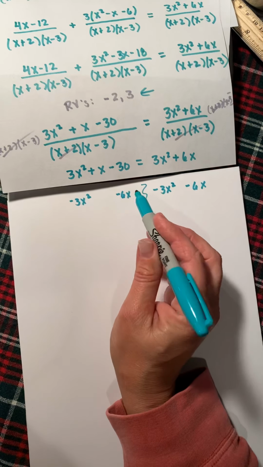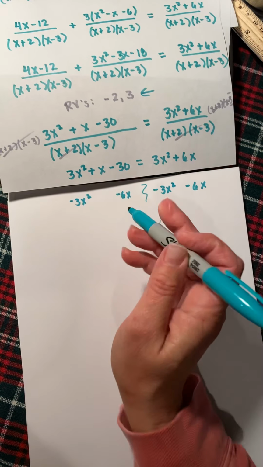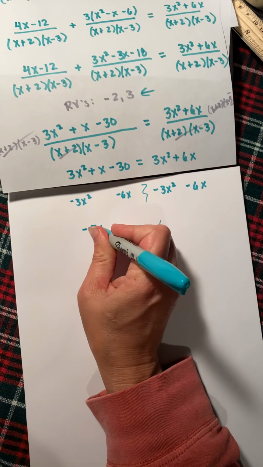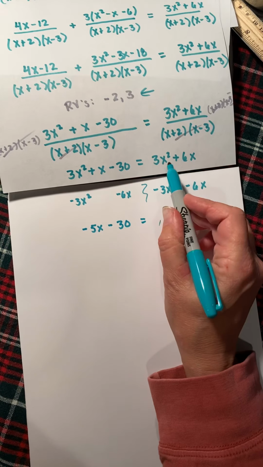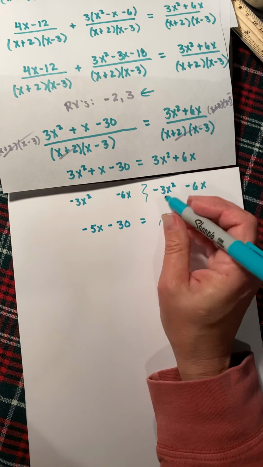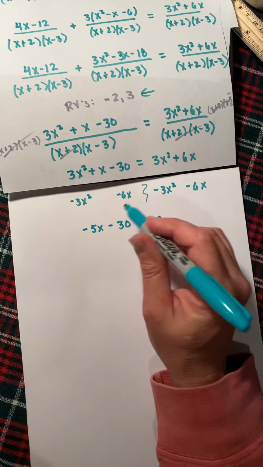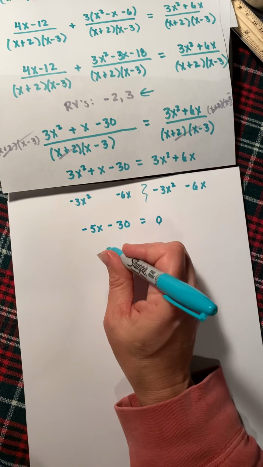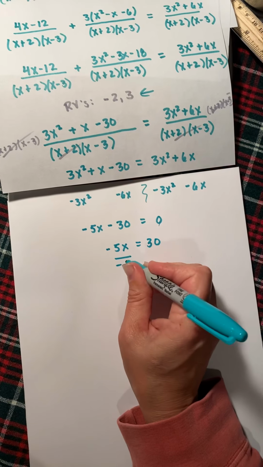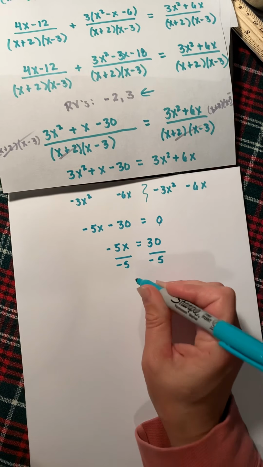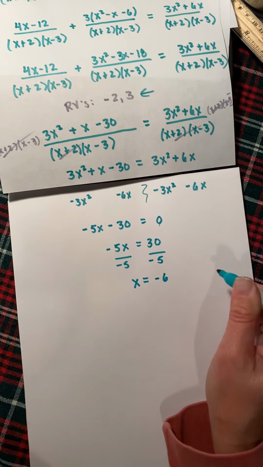So then my left side just becomes x minus 6x, which is negative 5x, minus 30, equals 3x squared plus 6x minus 3x squared minus 6x, which is just 0. Let's add the 30 to both sides. Negative 5x equals 30. Let's divide out the negative 5. X equals negative 6.